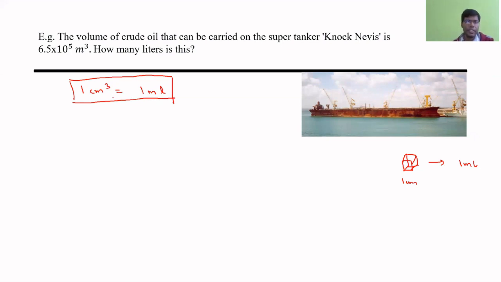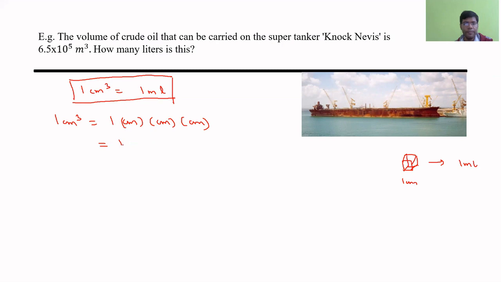You can use the same conversion to convert meter cube to liters. I know that 1 centimeter cube, if I write it as 1 centimeter multiplied with centimeter multiplied with centimeter. Now let me convert this centimeter to meter because I have the prefix centi.